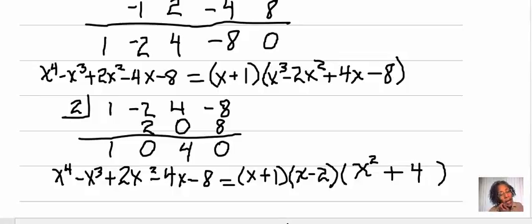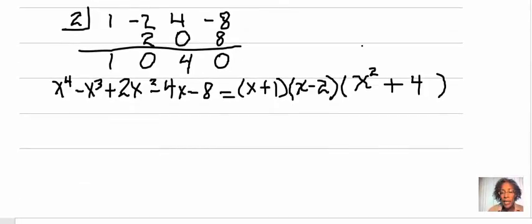So now I have the polynomial written in a factored form, where the highest degree factor is 2, and I can always find the solutions to a second degree polynomial.